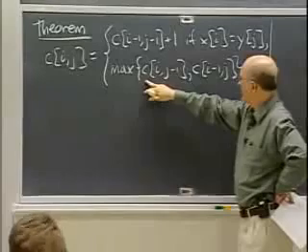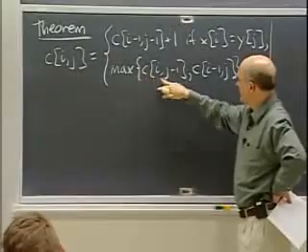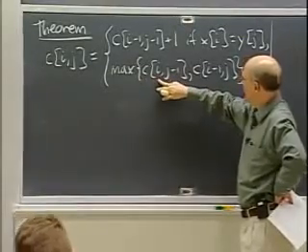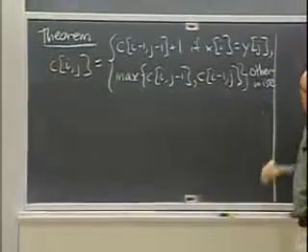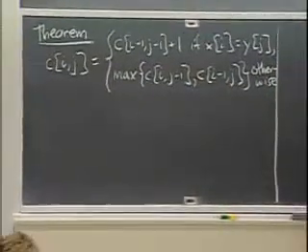And if they don't match, then it's the longer of C of i, j minus 1 and C of i minus 1, j. Okay?